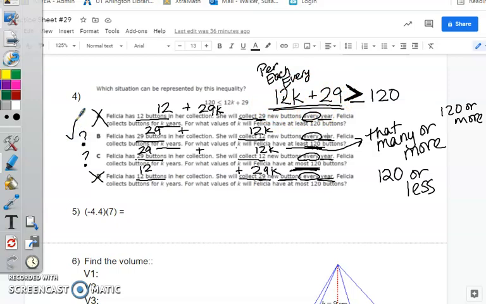If I look at this one, it says, for what values of K will Felicia have at most 120? So at most 120, that means it cannot be bigger than 120. Well, that would be reversed. It could equal 120 because at most means it can be that, or it can be less. Okay, so this one is wrong.